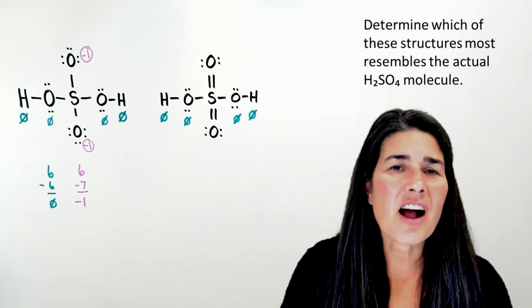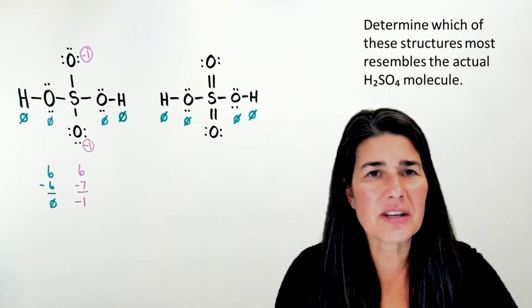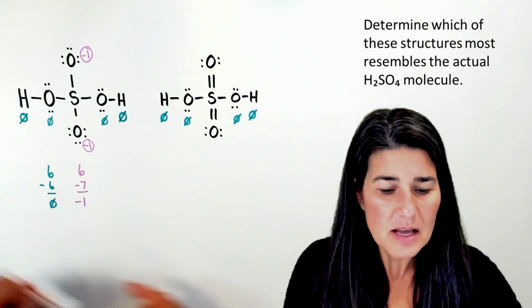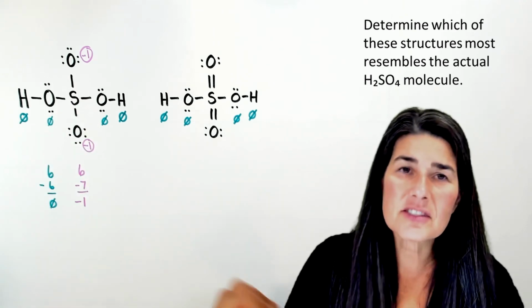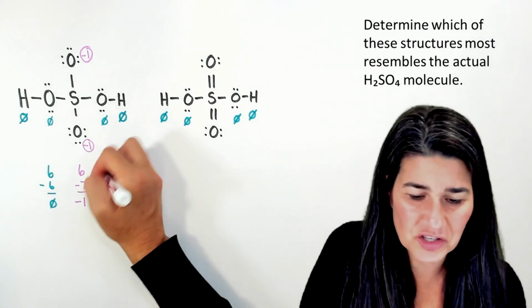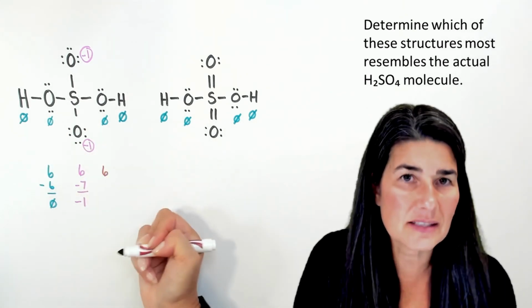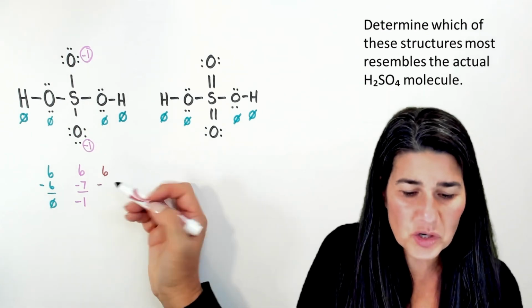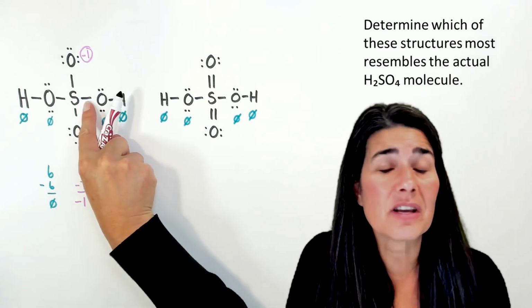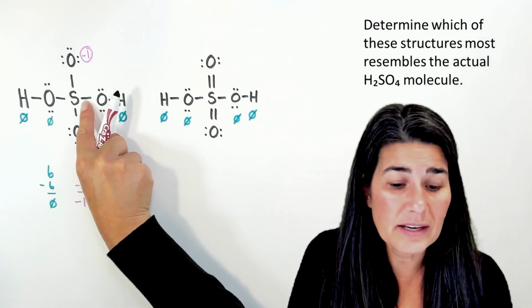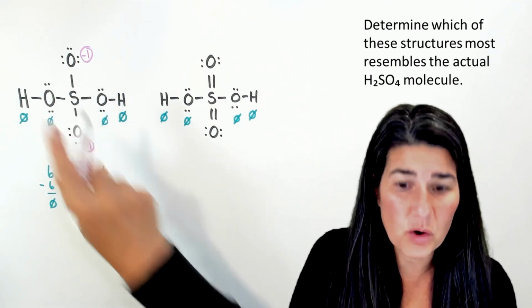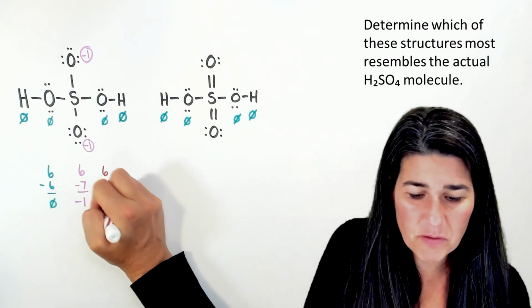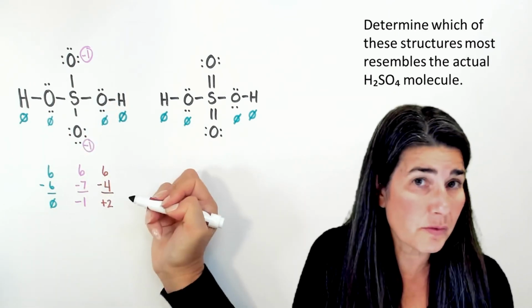Now, what about our sulfur in the structure on the left? Sulfur is right below oxygen. It's supposed to have 6 valence electrons. I'm going to subtract 1 from each of these shared pairs. 1, 2, 3, 4. 6 minus 4 is a +2 formal charge.